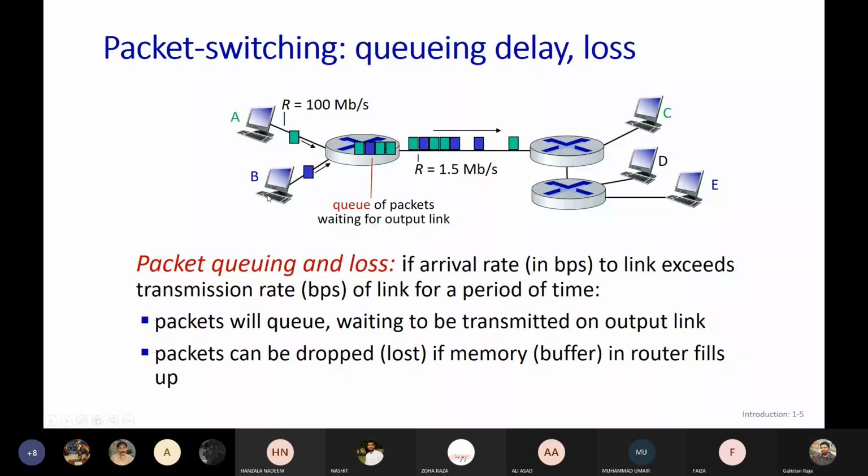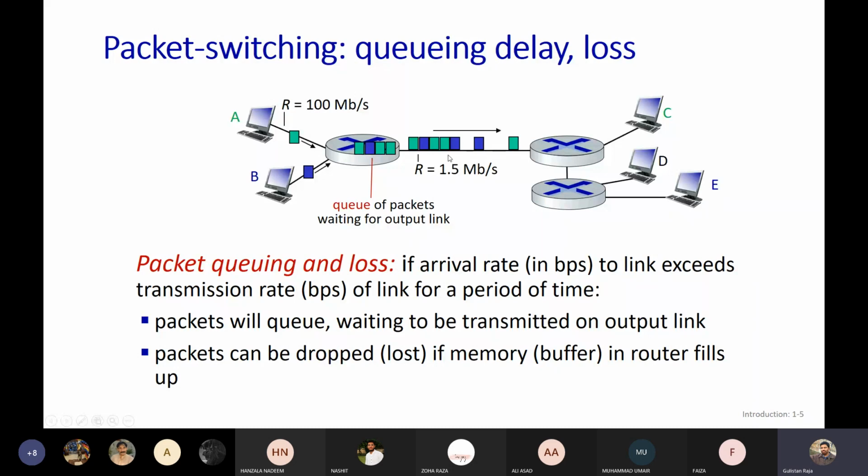The point here is that A and B can transmit at any time they want. There is no prior permission or anything like that in packet switching. Suppose that A or B are transmitting to this router. Now, if the arrival rate, in bits per second, exceeds the link transmission rate.